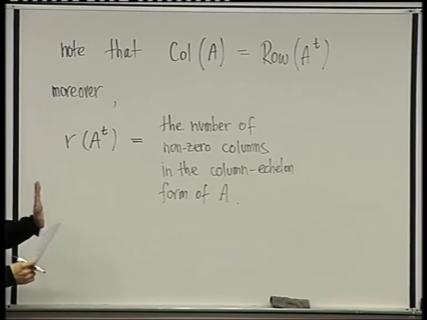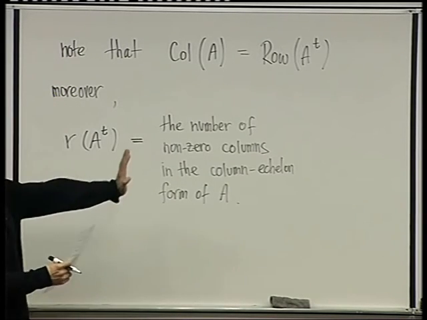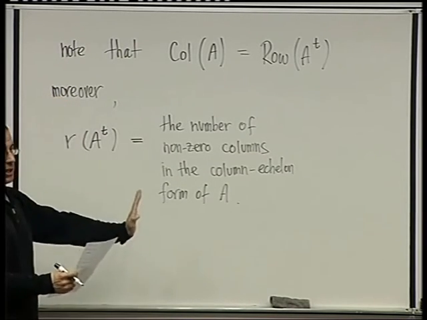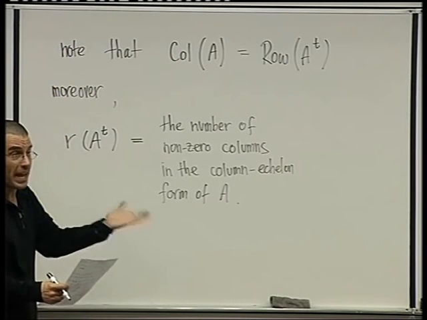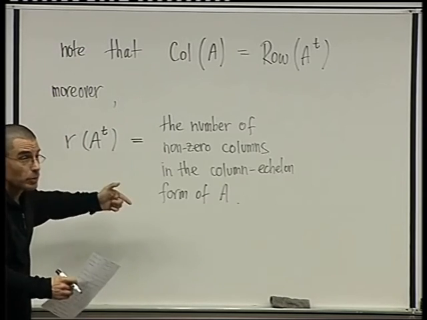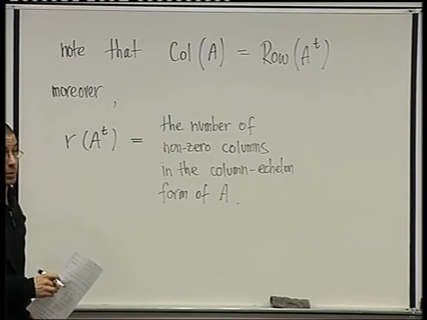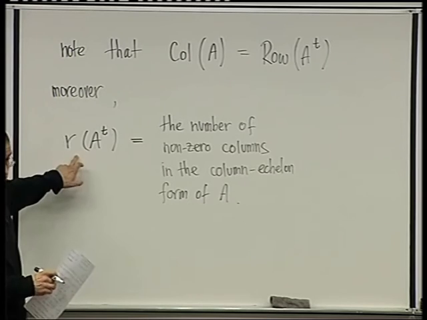Okay? So if you take A and do column operations and reach column echelon form and count how many non-zero columns you have, that would give you the same number as taking A transpose and doing what we're used to, working on rows. And that's this number. Good?